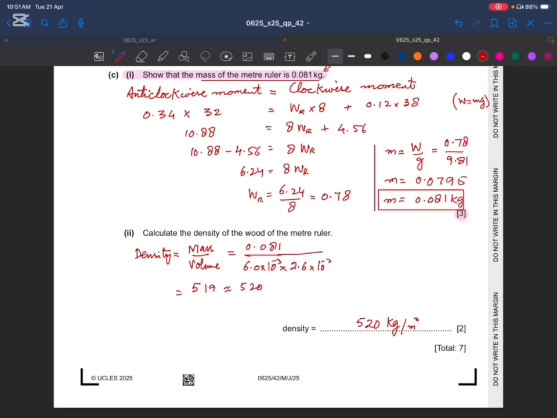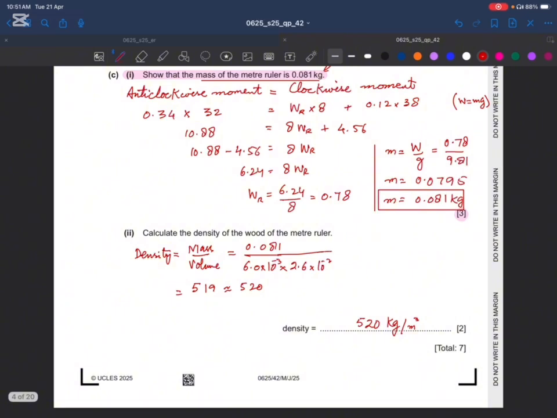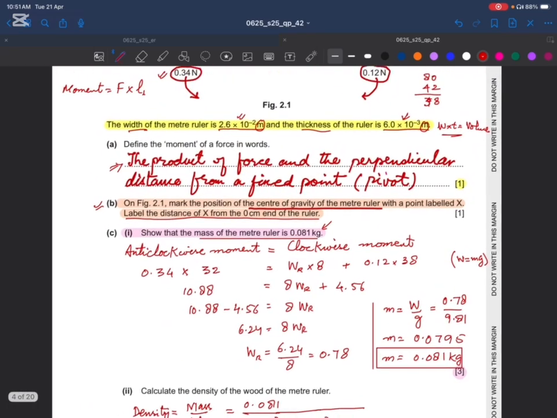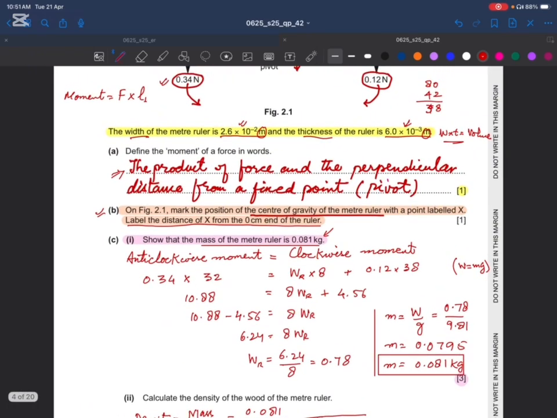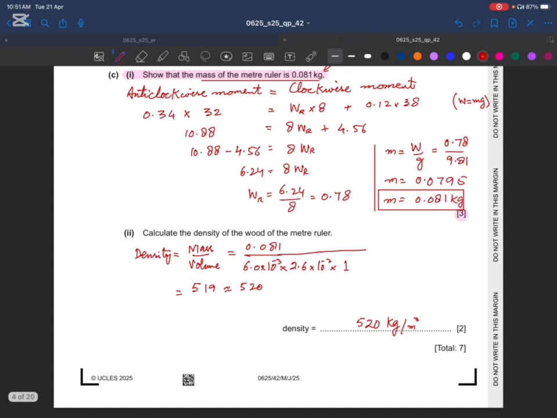Okay. Here, actually, we have to use one more thing. I just forgot about it: here the length is also involved. Any volume is not only width and thickness, but obviously the length is also important. So you will multiply it by length as well. What is the length? It is the 1 meter rule.